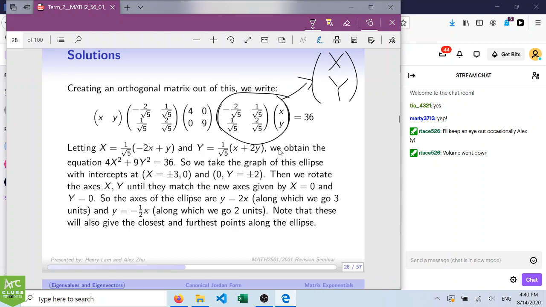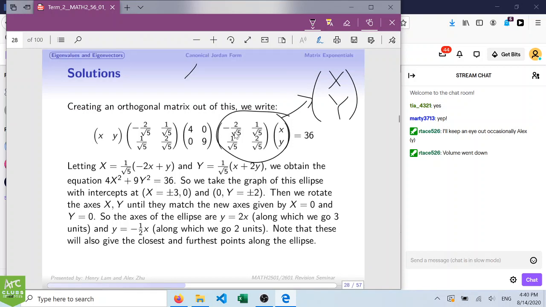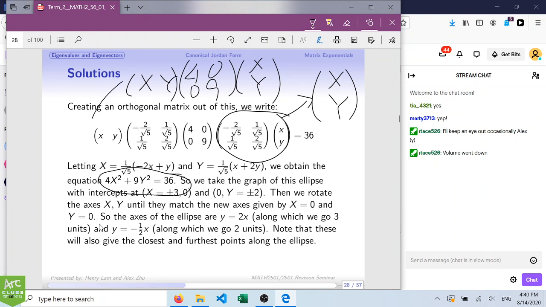Essentially the entire equation is summed up with 4, 0, 0, 9, with capital X, capital Y as a row vector and as a column vector. This turns into 4X squared plus 9Y squared equals 36.